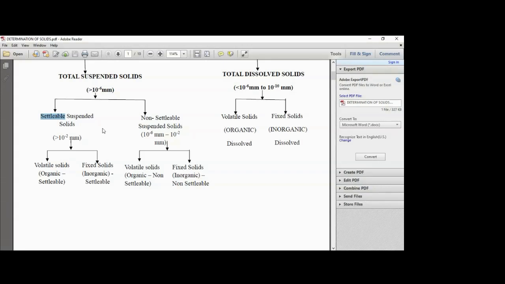The particle should have a higher particle size. Because of that, there will be higher weight. And as there is higher weight, larger gravitational force will be exerted, and because of that, the particle will get settled, right? And one more criterion is that the particle should have the specific gravity more than 2.65. Then also the particle has a tendency to get settled.